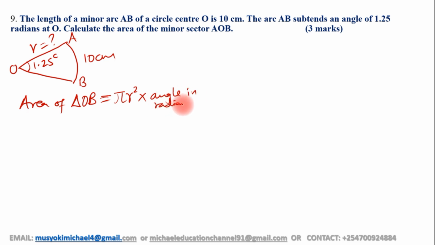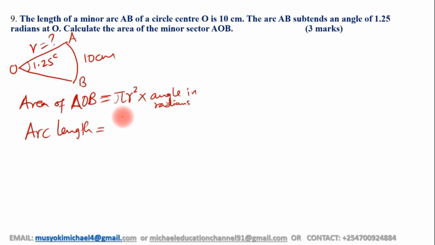So we don't require actually to change the angle in radians to degrees, but we can use it the way it is, and therefore, to get the arc length, we don't know actually the radius, so we are after the radius, then we use this formula to find the area of the minor sector AOB.